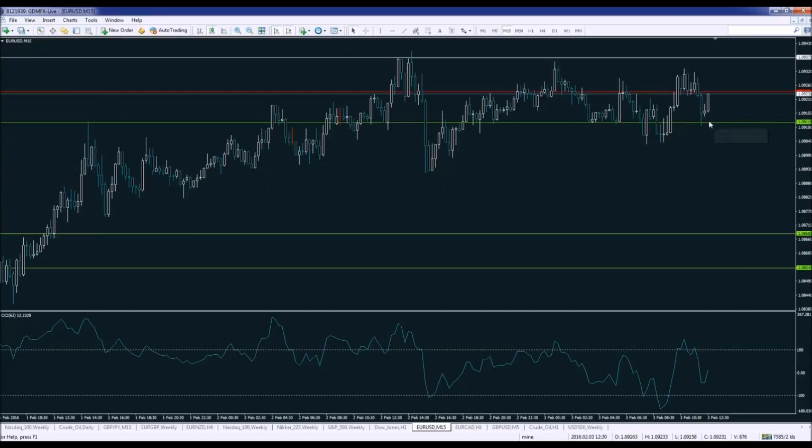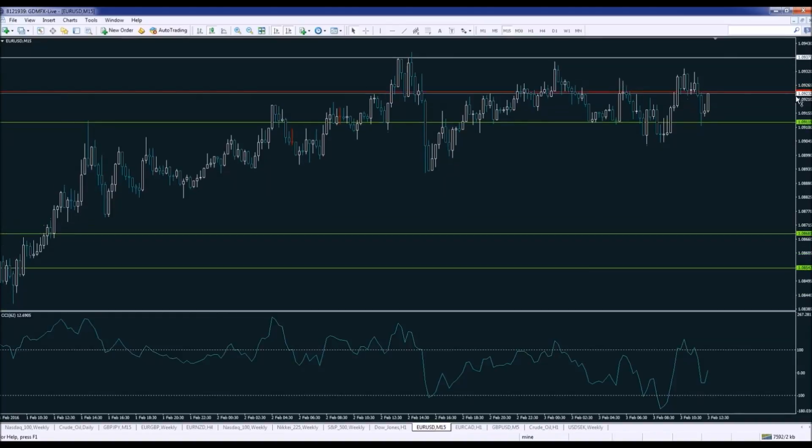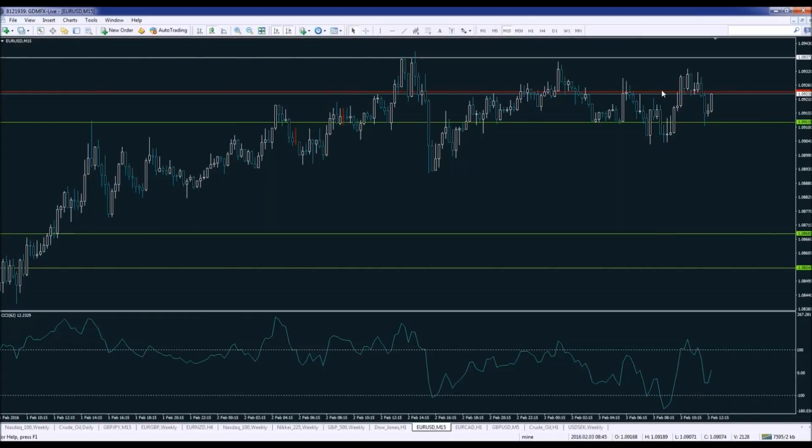Of course, if by any chance we see... sorry, don't get confused, on small time frames, this is the ask line here. So this is the ask, this is the bid. I'm usually using both because I need to see how the spread is changing.